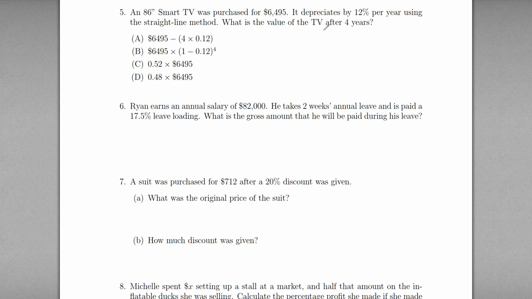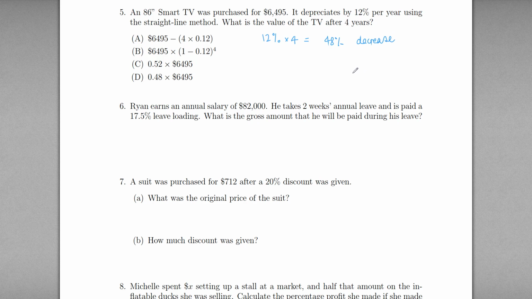Okay, so what's the value after 4 years? Well, every year it drops. Straight line means it drops by a flat 12% per year. So after 4 years, you're going to multiply that one by 4, which means it's a 48% decrease.